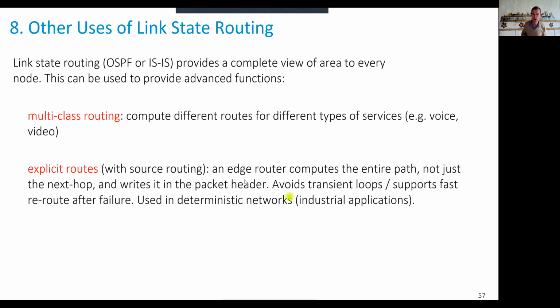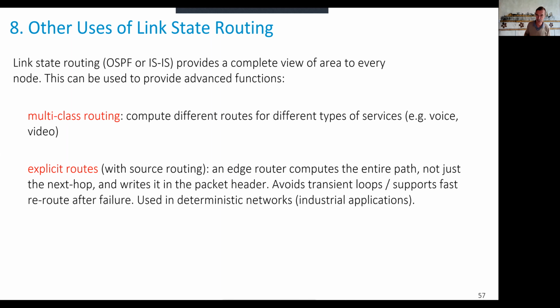Some industrial networks use what is called explicit routes. Explicit routes are the same as source routing, and we've seen source routing an hour ago. Here it's not the source, but the edge router that will compute the entire path. So if your industrial device, your smart grid phasor monitoring unit, for example, is connected to an edge router, the edge router will compute the entire path. Why do we want to do that? It is because we want to associate resources to this path.